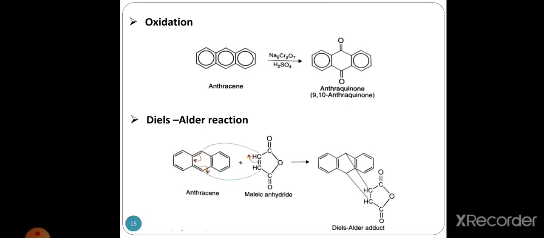Next, Diels-Alder reaction. Anthracene undergoes a Diels-Alder reaction with maleic anhydride to yield the corresponding adduct. Use of anthracene: it is mainly used in the manufacture of anthraquinone, which is a derivative of anthracene.